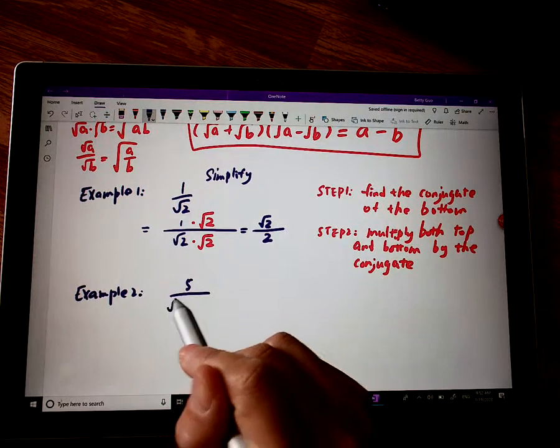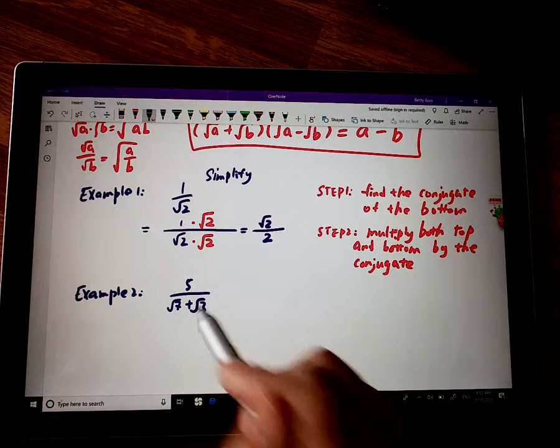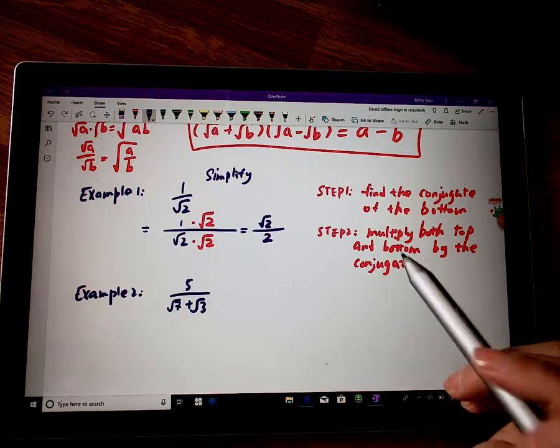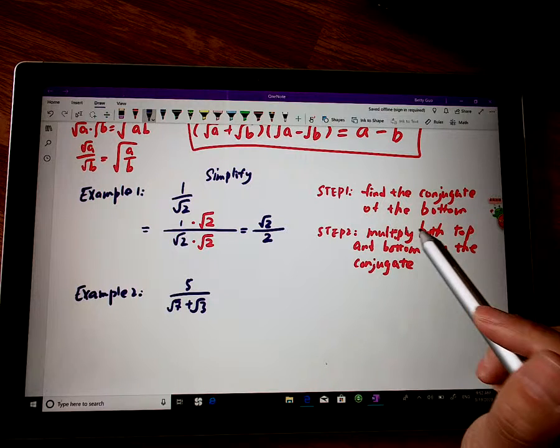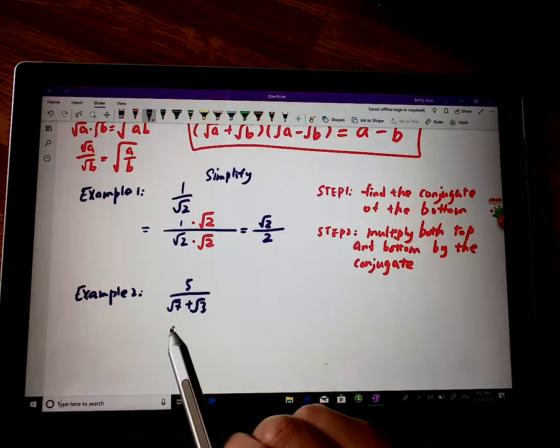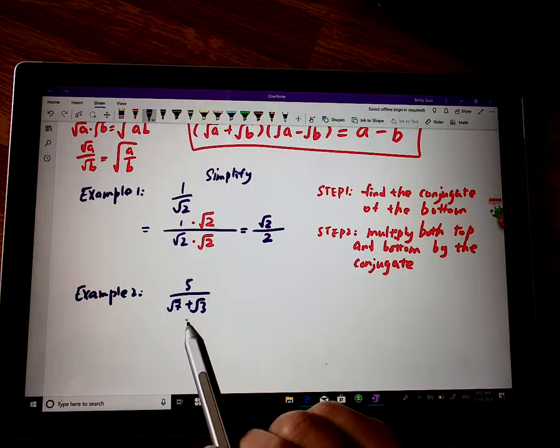Okay, so let's see this one: 5 over root 7 plus root 3. How do we divide 5 by the addition of root 7 and root 3? In other words, how do we simplify this rational expression? Well, let's apply the two-step procedure. Step 1, can anyone tell me the conjugate of the denominator?